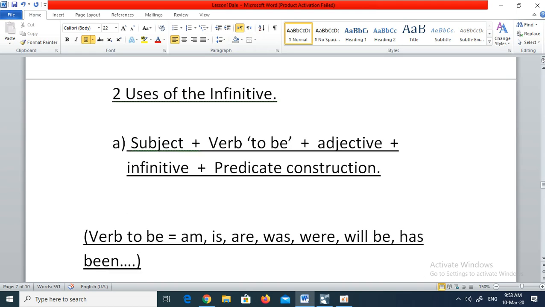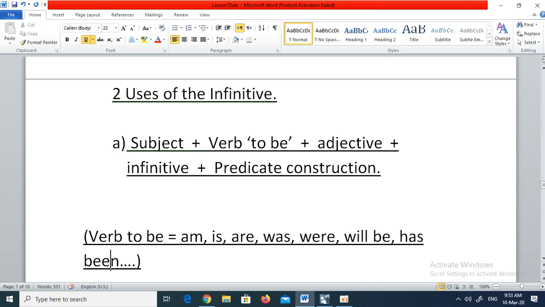Before we look at the examples of the construction, I just want to refresh your memory. The verb to be conjugates in forms such as am, is, are, was, were, will be, has been.